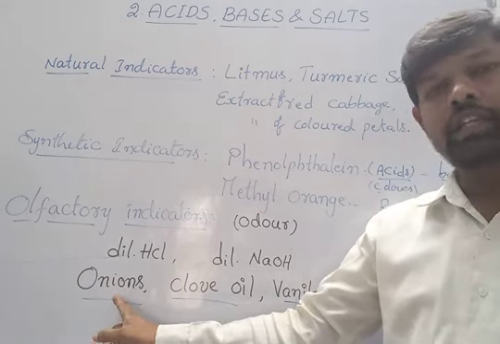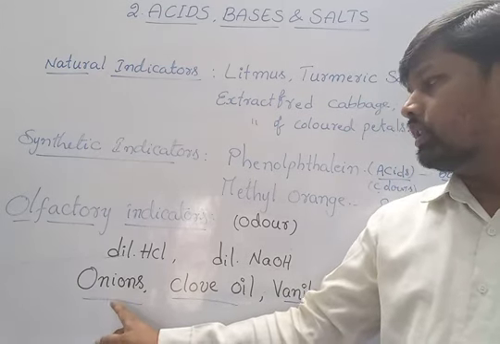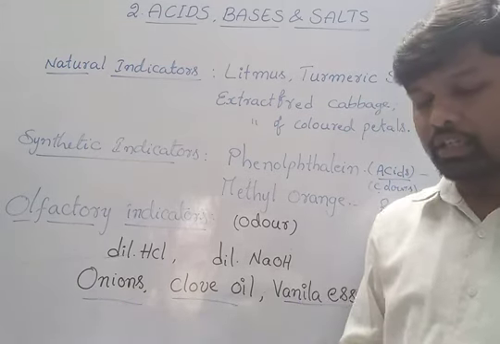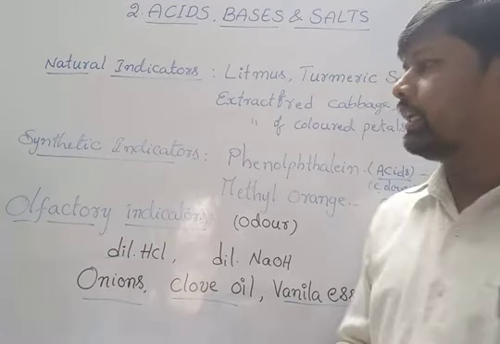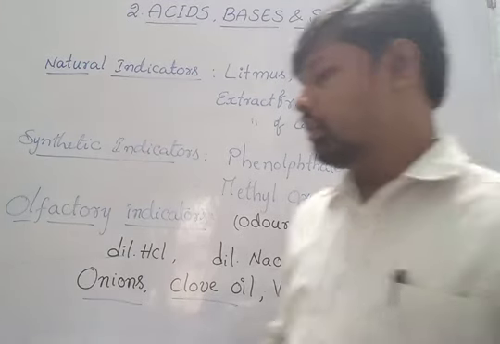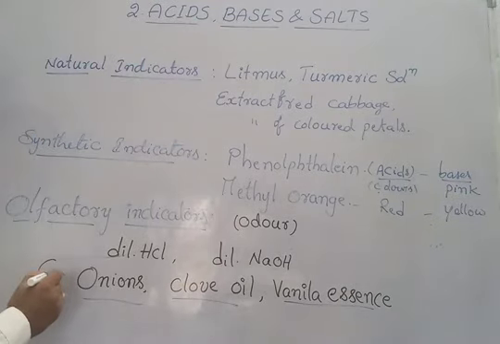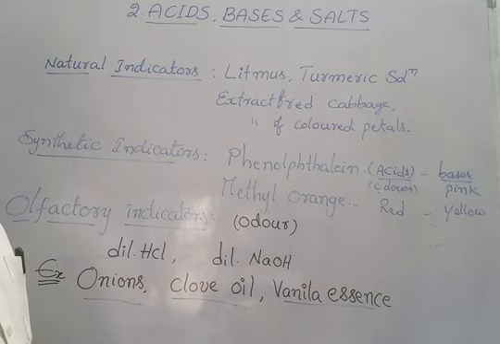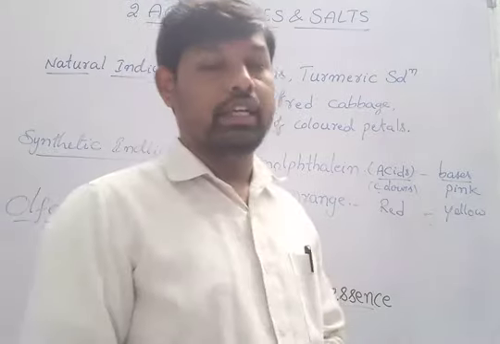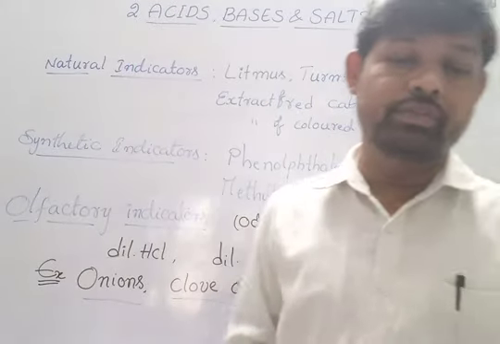These are the indicators here. This type of indicators are called olfactory indicators. So what are the examples for olfactory indicators? Onions, clove oil, vanilla essence.